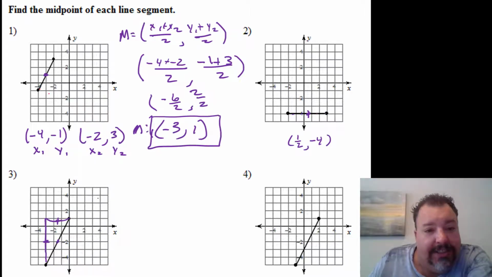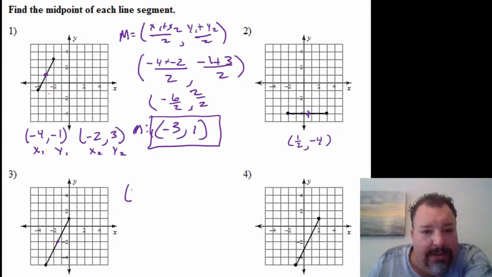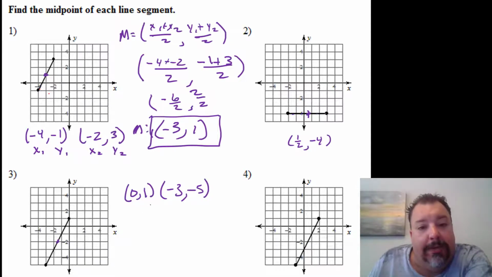But let's also practice using the formula. So I'm going to erase this. And what are the coordinates for this point at the top right? So this point is 0 because it doesn't go to the left or right, and then 1. And then this point down here looks like it's -3, and it's going down 5, so -5. And again, we're going to use our formula for midpoint.